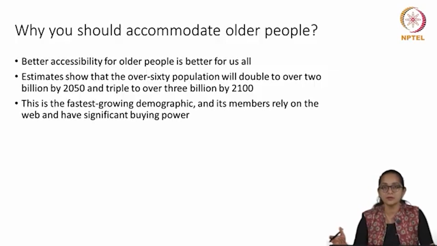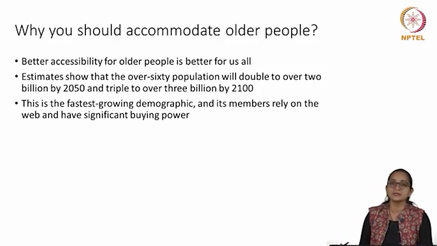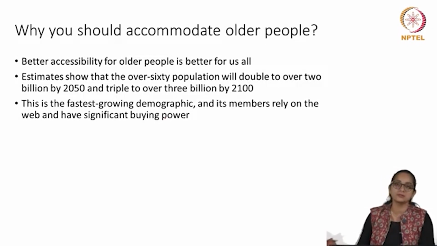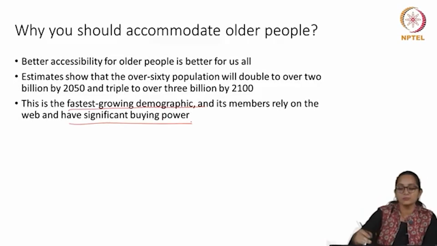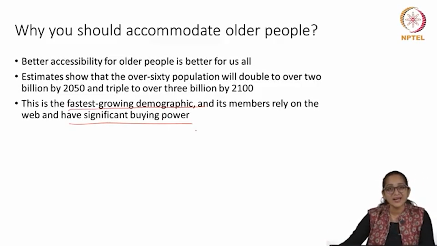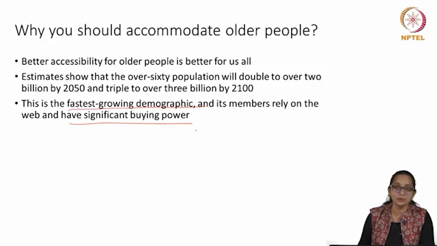I think it is a well known statistical fact that the demographic in the elderly, geriatric category has way more buying power, because they have worked so many years and accumulated some wealth, and also it is the fastest growing demographic. So, these are two very important aspects about why we should accommodate persons who are elderly in our accessibility discussion itself.